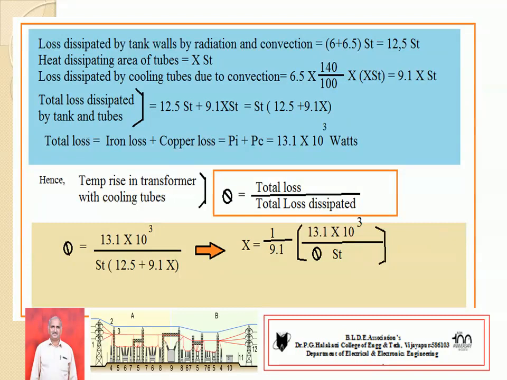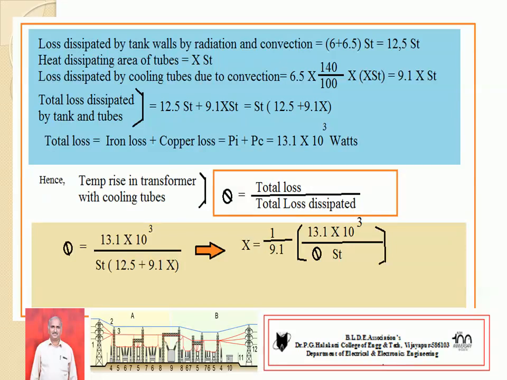Then you write the expression for loss dissipated by the tank, that is due to radiation and convection. So (6 plus 6.5) times ST becomes 12.5 times ST. The heat dissipating area of the cooling tubes should be equal to x times ST. So loss dissipated by cooling tubes due to convection is 6.5, and here a 40% increase I have to take, hence 140 divided by 100.